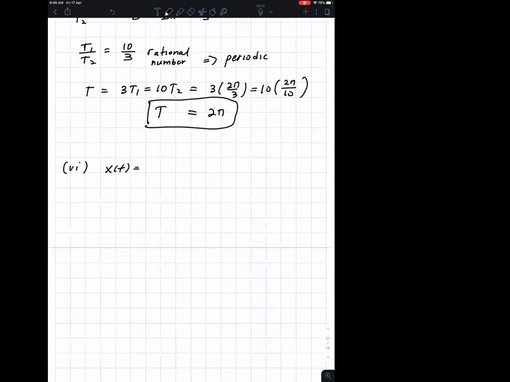x(t) is equal to cosine 4 pi t plus sine 6 pi t plus e to the j 5 pi t.